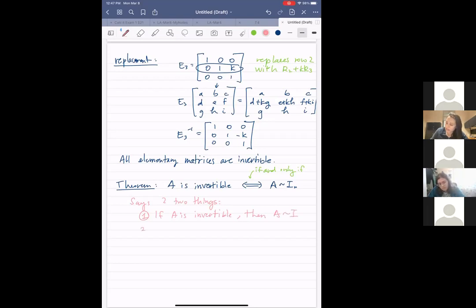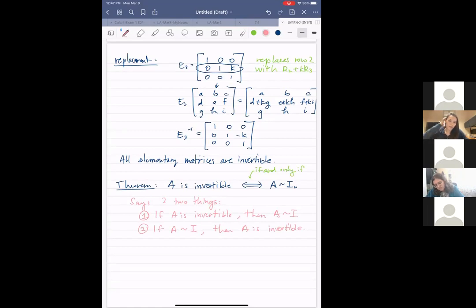And the second thing it's saying is that if A is row equivalent to the identity matrix, then A is invertible. Right, so there's two things we need to prove if we want to prove that this is true.